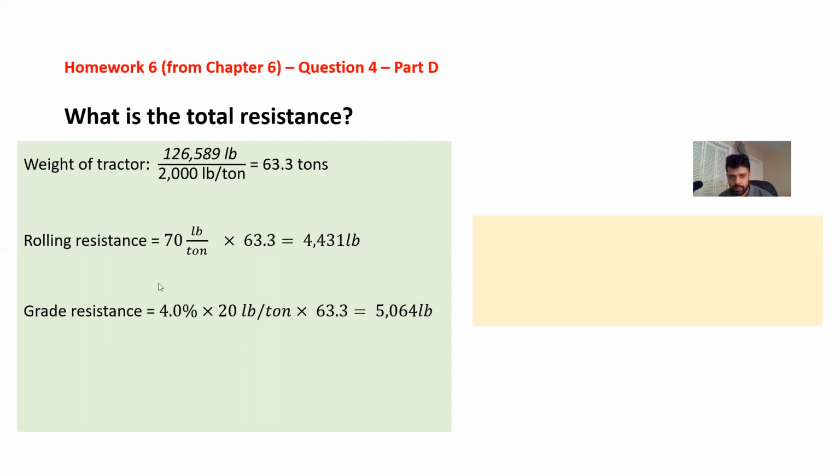4,431 pounds. Grade resistance can also be found by doing the percentage multiplied by 20 multiplied by the weight of the equipment in tons, and it will give us the result in pounds. As you can see, the grade resistance here is more than the rolling resistance.